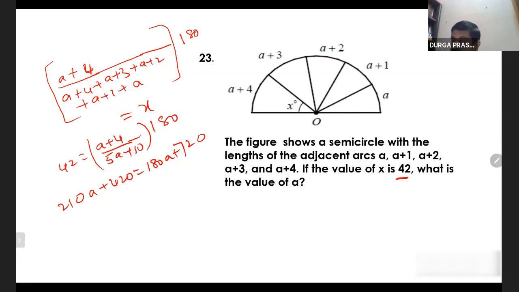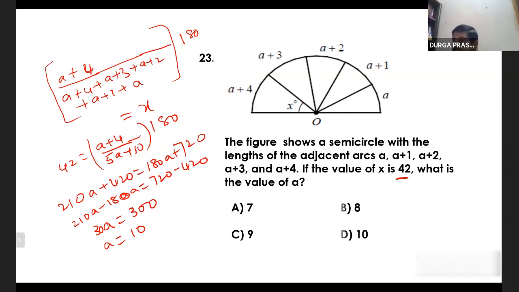So this is 210a minus 180a equals 720 minus 420. So this is 30a equal to 300. We'll get a as 10. So it is option D.